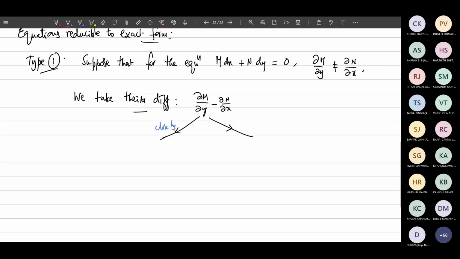So this is close to M or close to N. That means this expression is a factor of the given M, that is called close to M, and if this expression is close to N, it means a factor of N. Then in that case we compute 1 upon M times the difference, and here 1 upon N times the difference.